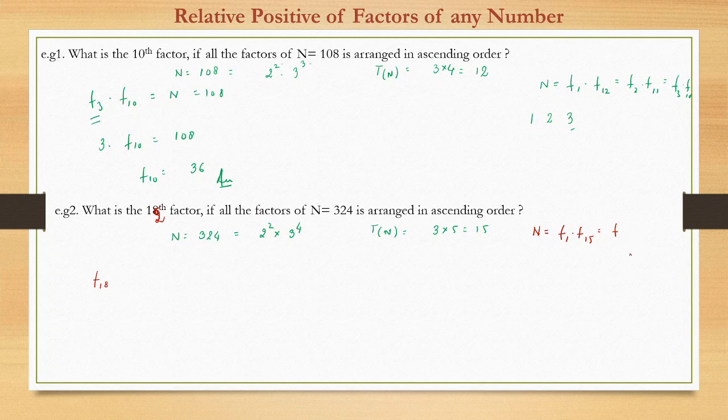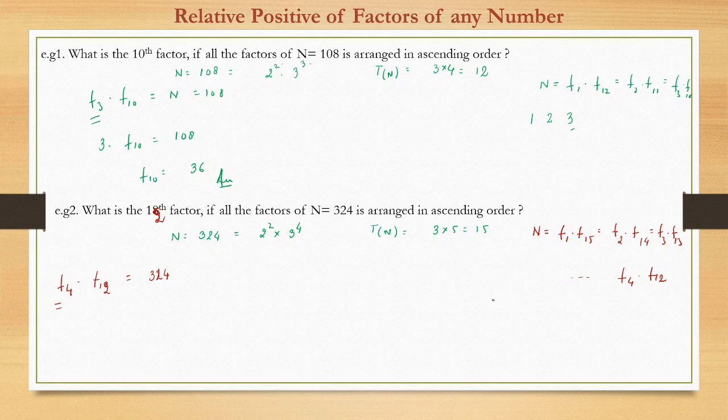Yeah, f1 into f15 is equal to f2 into f14, is equal to f3 into f13, and so on, f4 into f12, and we have to find f12. So we know f4 into f12 is equal to n, which is 324. So we need to find f4.